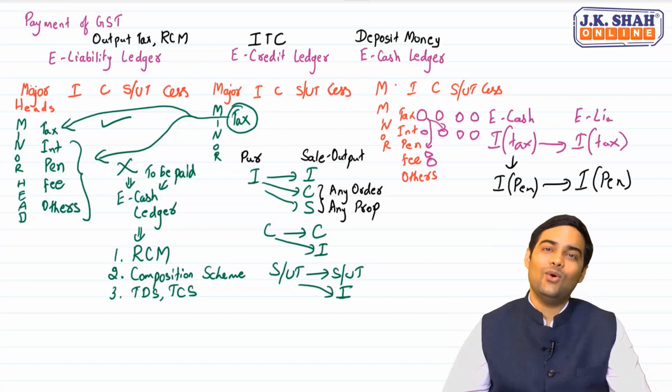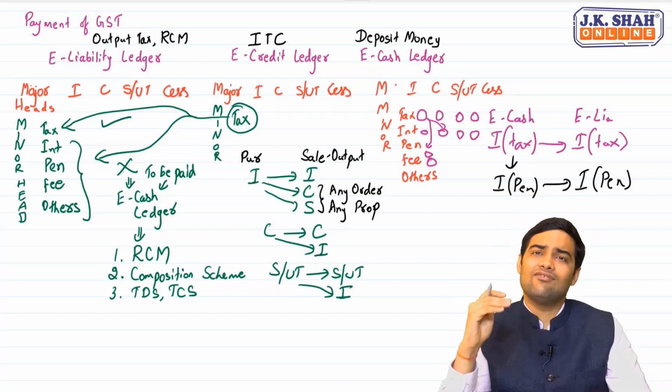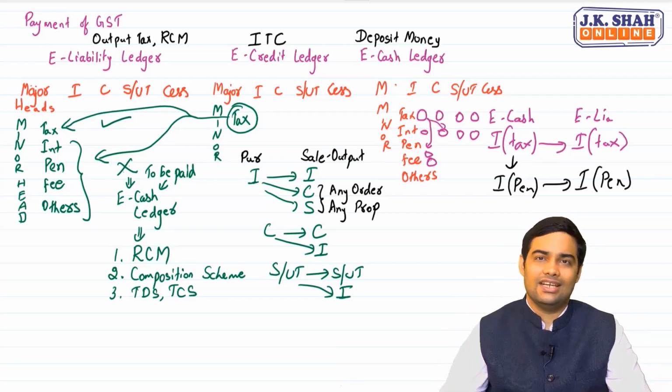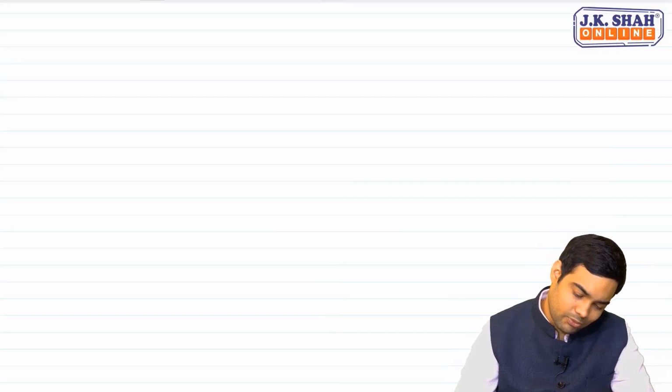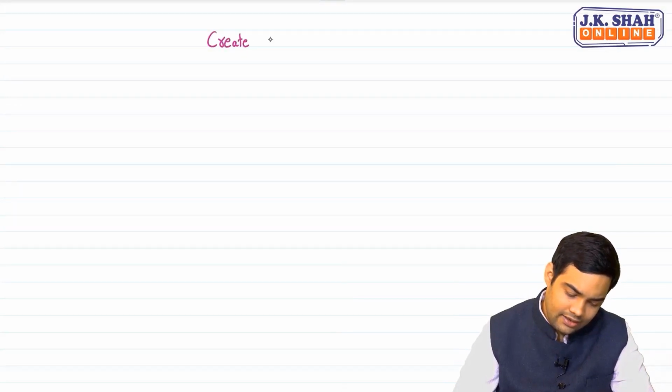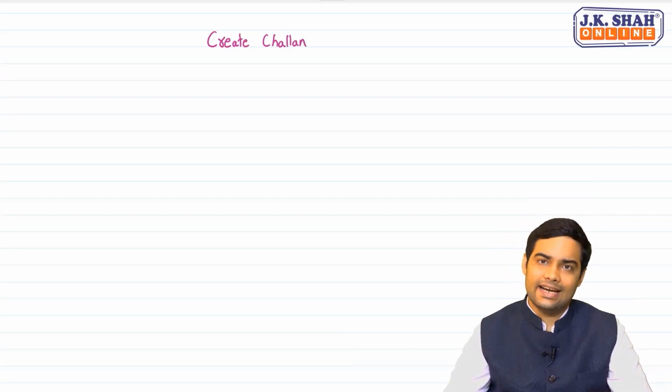Okay. Now let's understand how do we deposit money in e-cash, and while doing that we will learn various provisions. Let's see. Now suppose I log into my online account, that is on gst.gov.in. I click on create challan.